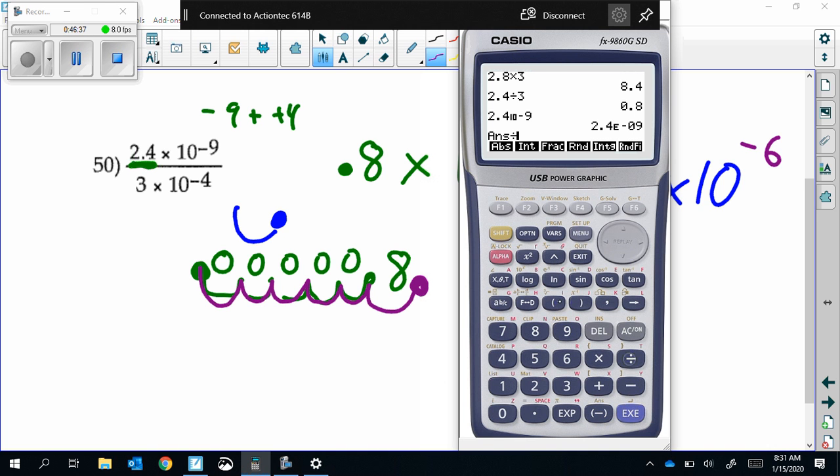And you can divide it by the other one, 3 times 10 to the negative 4. And it does give it to you. You just got to find your little times 10 to the power button. Sometimes it's written on your calculator as that E, or maybe EE. I don't know why. I think it's made by monkeys.